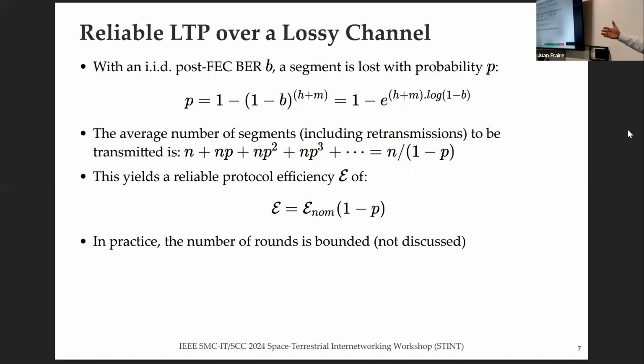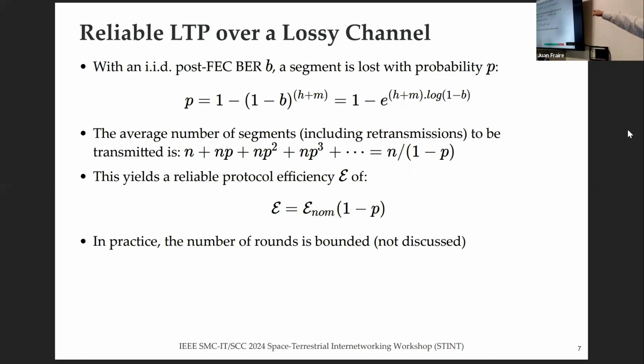And of course, if we have a very large payload, the probability of error is going to go up. As a result, we're going to have to deal with this trade-off. If we have very large segments, as was discussed this morning, we're going to get very high efficiency only if we have a very reliable channel, right? But if the channel is not reliable, then we're going to have to pay the price of having to retransmit. So there is a trade-off there that we have to play with.